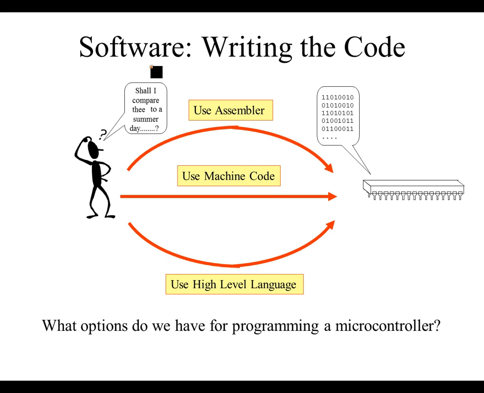So, writing the actual code. The problem is that we're trying to make a microprocessor chip do what we want. This is the pictorial diagram here. Humans think in words, and they're not always very explicit or exacting in what they say or how they say it.